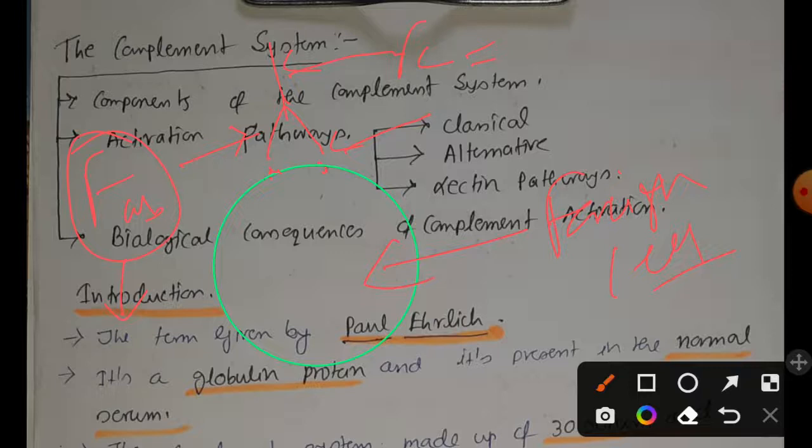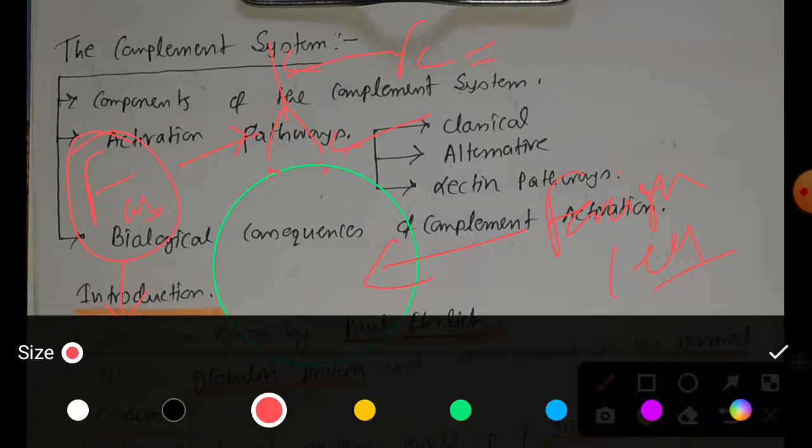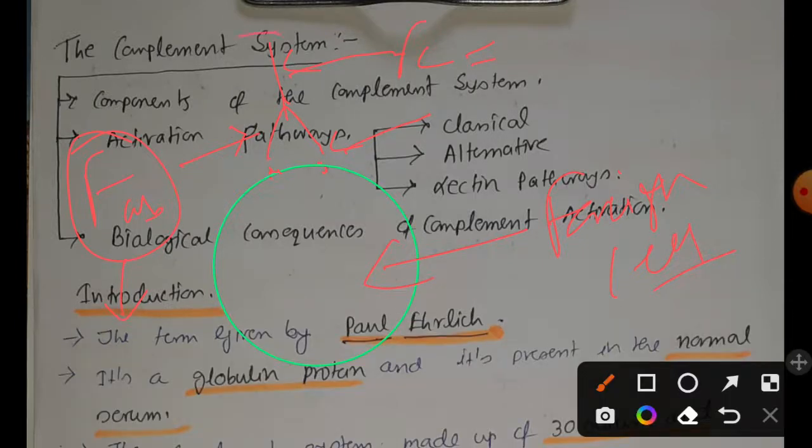Under such circumstances, the complement proteins of the complement system can interact with the FC part of the antibody. If this occurs, then the complement system has the ability to lyse the cell.